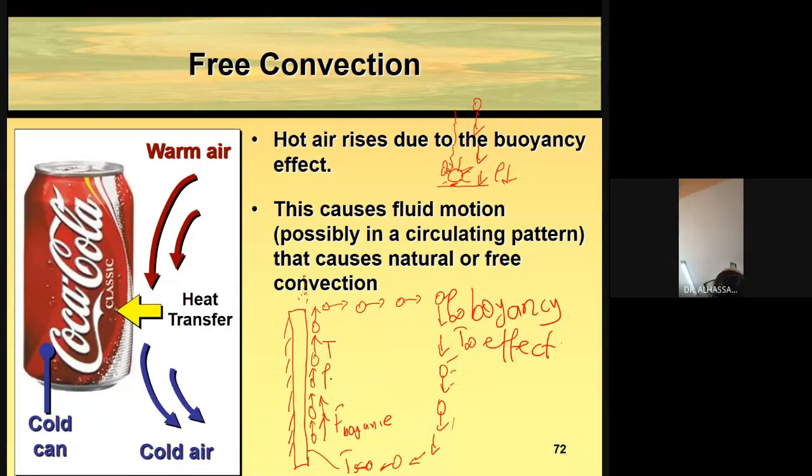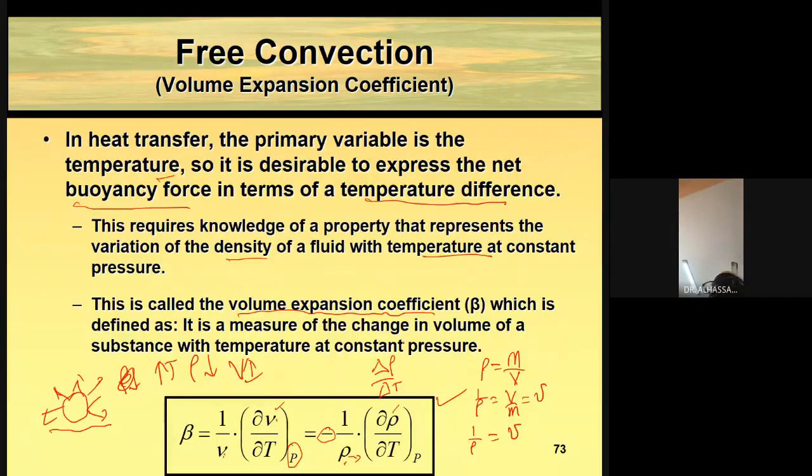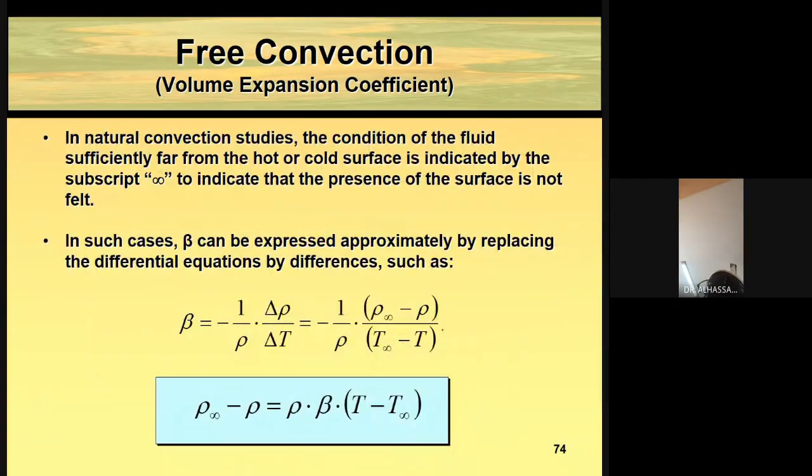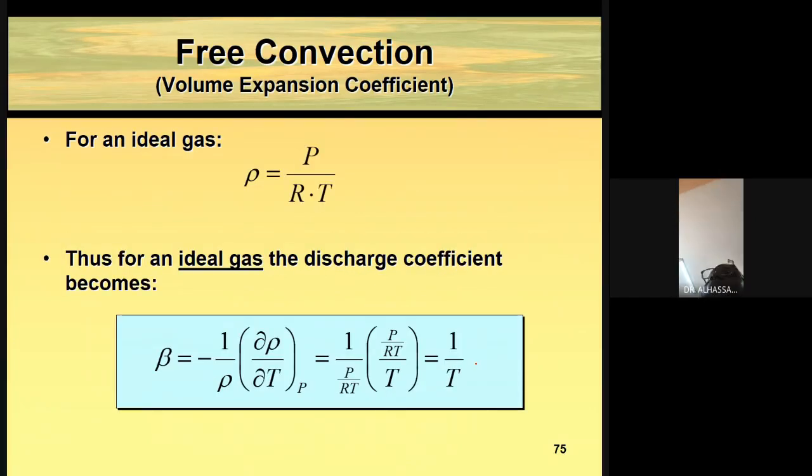So the difference between these densities is what we have over here. This is the density for the ambient condition, and this is the density close to the hot plate. Now the equation can be expressed in this form. Rearrange, multiply the whole of this by this, and then we can write the equation in this form.